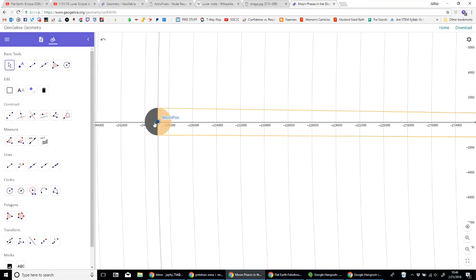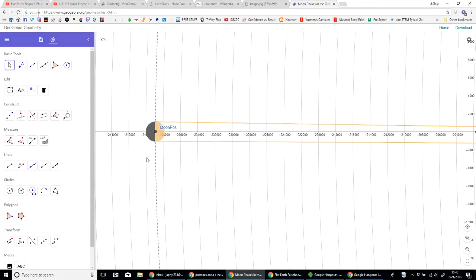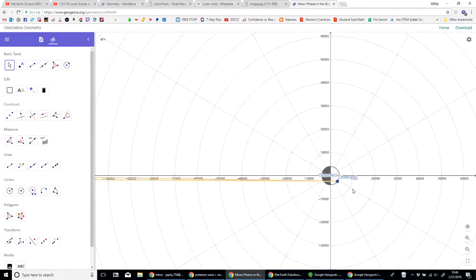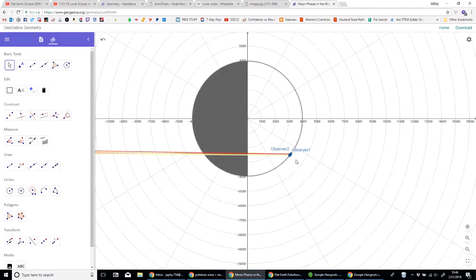So if we put it right there, when can you see a full moon? Well, if you'll notice, our two observers' lines of sight are going through the Earth, which means from where they are, they can't see a full moon. We would need to move our observers to here and here in order to see the full moon.